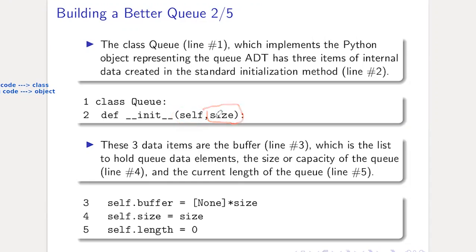Here I am passing one parameter called size. So whenever I am initializing an object, that means at runtime, when I'm creating an object using this class, which is a template, I have to pass a value as a parameter, the size.